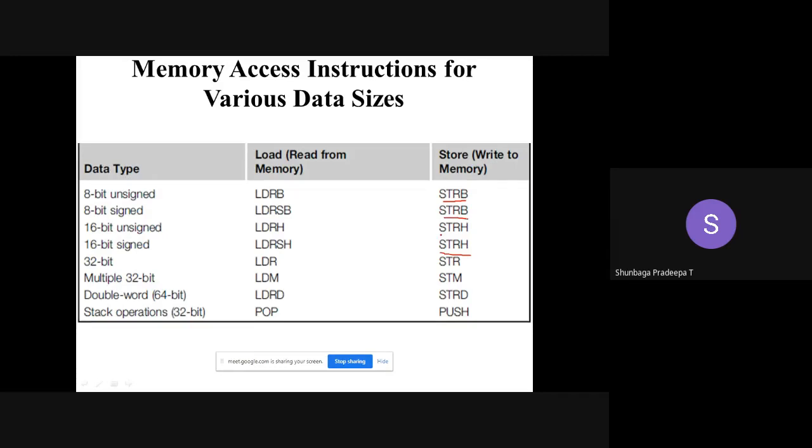This one stores a half word, which is 16-bit unsigned data. This stores a signed half word. Here 32-bit data, multiple 32-bit data, and double word will be stored. Push and pop instructions are used for stack related operations, which you will use later.